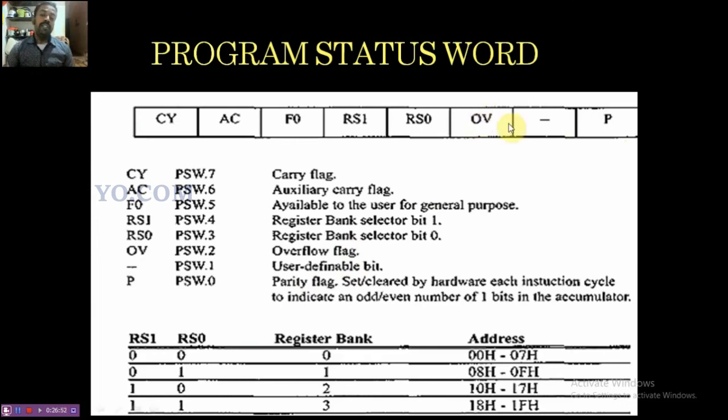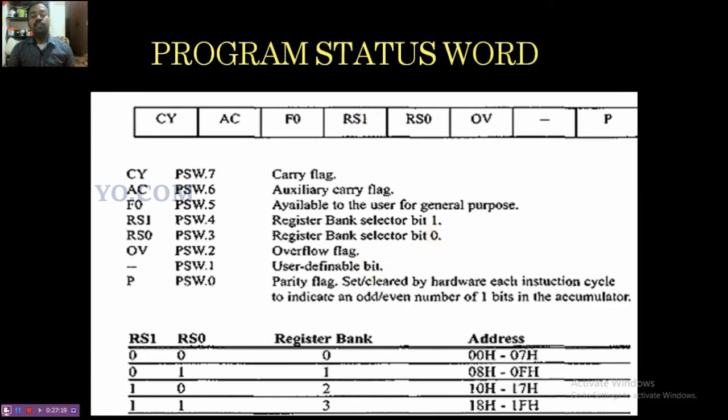Next is OV, the overflow flag. The overflow flag is used to indicate an overflow in arithmetic and logical operations. Whenever an overflow is present, this bit is set to 1. Next, two bits are combined together, RS0 and RS1, the register bank select bits 0 and 1.